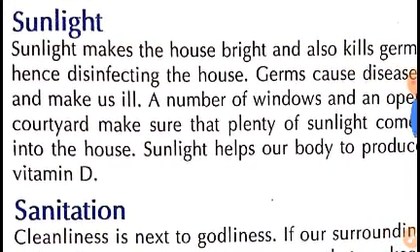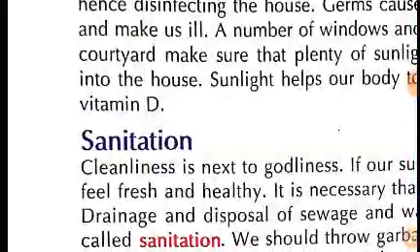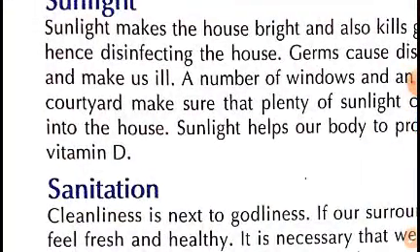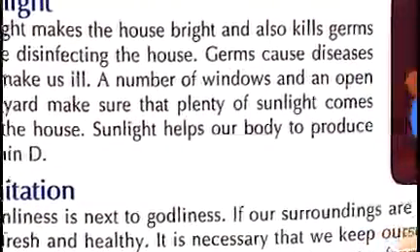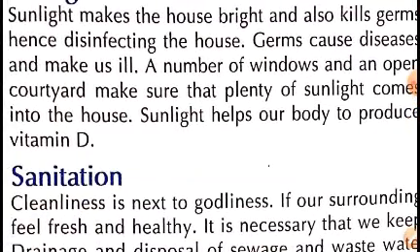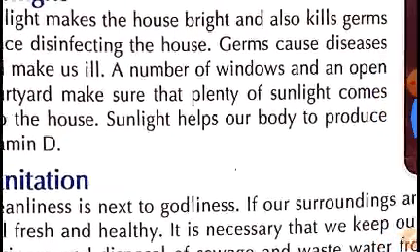Germs cause diseases and make us ill. A number of windows and an open courtyard make sure that plenty of sunlight comes into the house. Sunlight is also a rich source of vitamin D, so it helps our body produce vitamin D.